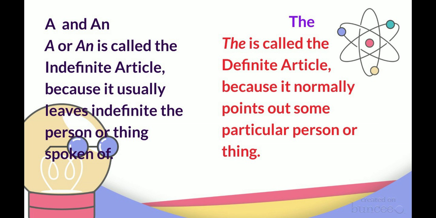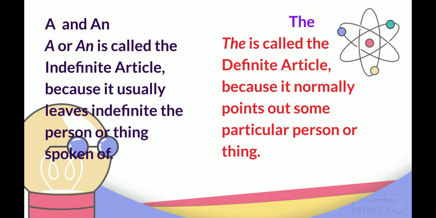Students, there are two types of articles. First, definite and second, indefinite. A and an, these are indefinite articles. Why do we call them indefinite articles? Because these articles usually leave indefinite the person or thing spoken of.